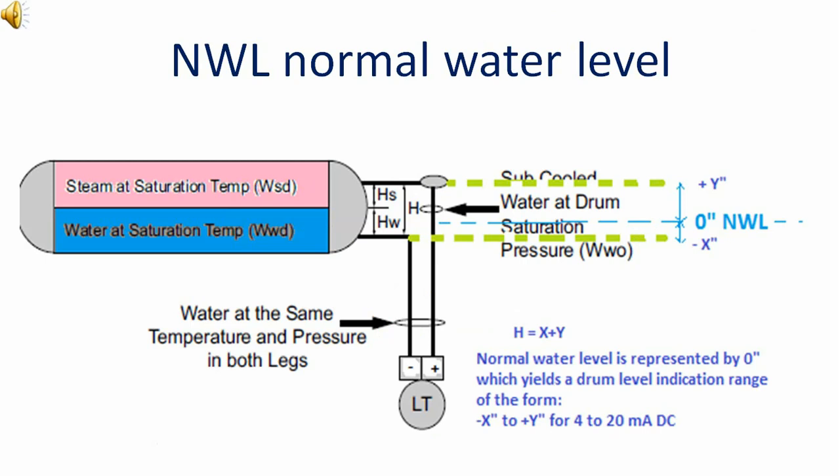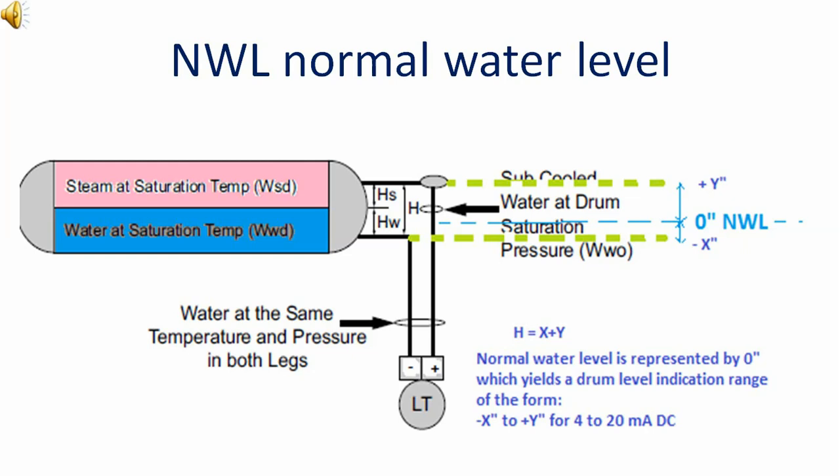In this diagram, we are defining NWL, that is normal water level. Normal water level is the level at which we are supposed to keep the drum water. So here we have defined below the normal level as minus x, and above the normal level as plus y, h equal to x plus y.